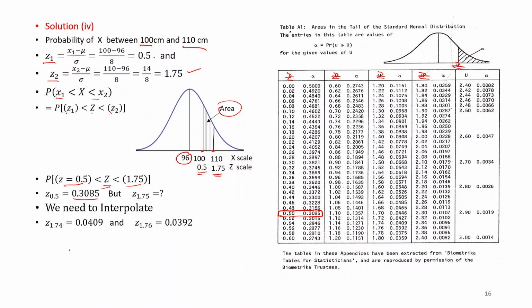Now, I need to know for 1.75 and 0.5. So what is the value of alpha when Z is 1.75? We consult the table and try to locate 1.75, but we don't find 1.75 anywhere.